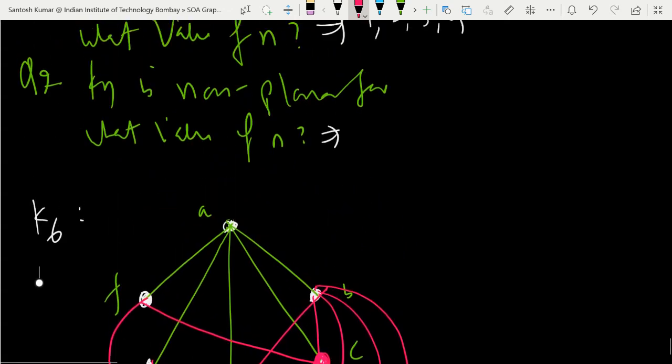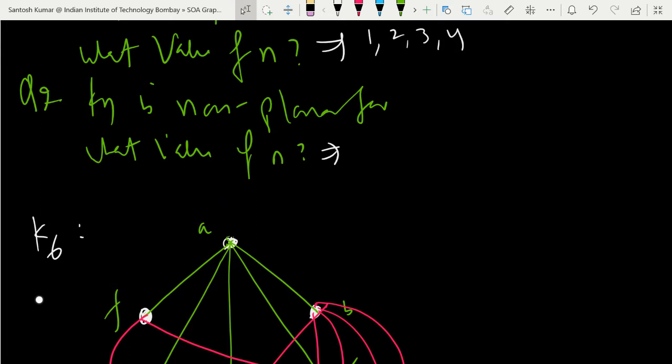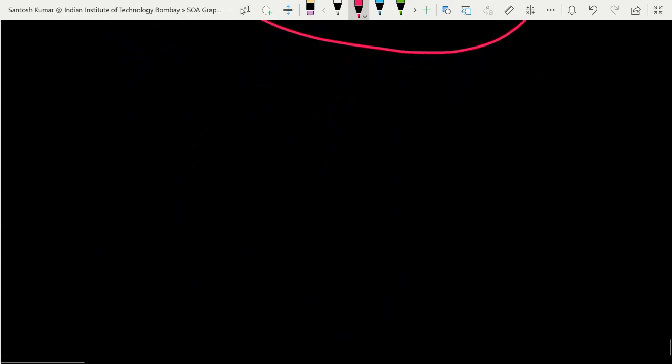That's why K6 also. So the answer: Kn is non-planar for n as 5, 6, 7, 8, and so on. So K1, K2, K3, K4 are planar only.